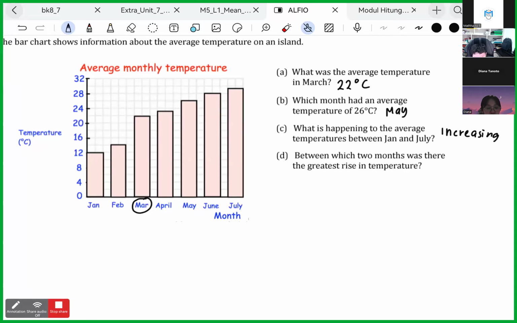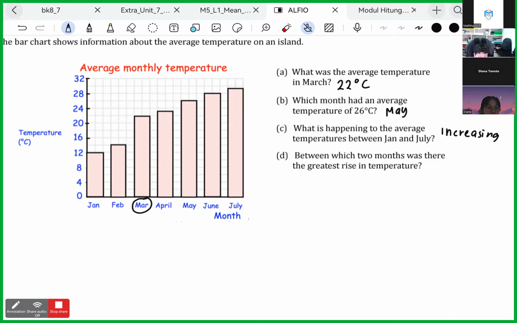June and July. No, yang paling gede kenaikannya. So, the second month minus the first month. Yang gap-nya paling tinggi. Between which 2 months yang gap temperature-nya paling tinggi.